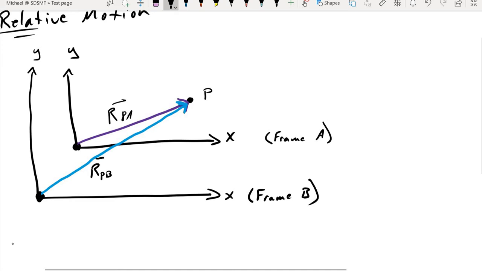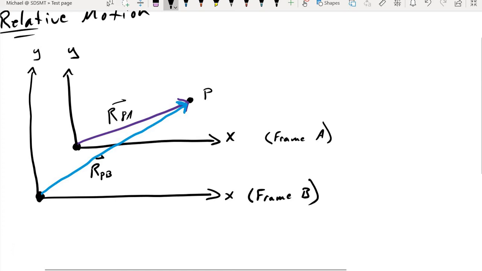So this is the position vector of point P as measured with respect to frame B. And just like with frame A, I can measure the displacement of our particle with respect to frame B. I can then measure things like velocity, acceleration, etc. But because I have a different starting point with my origins in the frames of reference, I'm going to get different numbers for those measures.